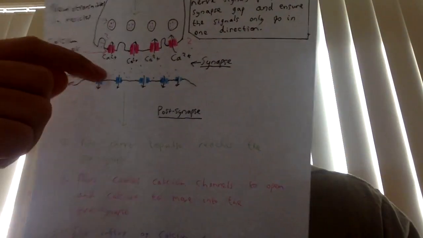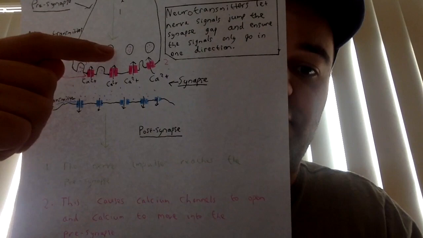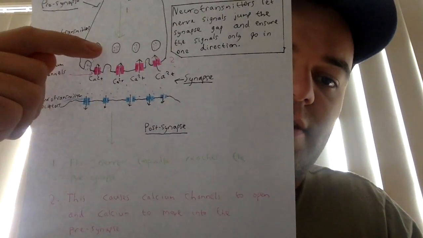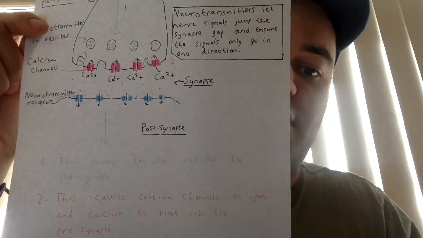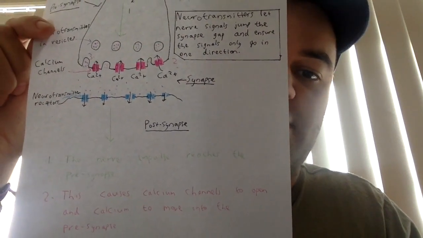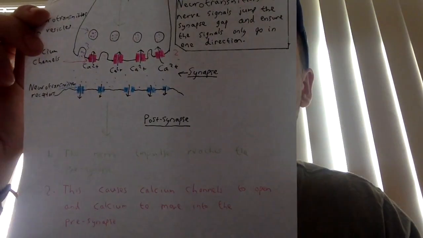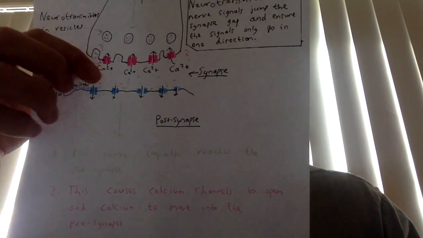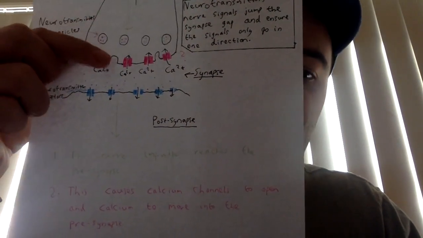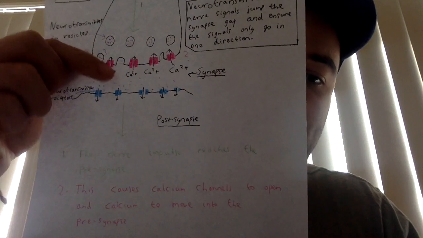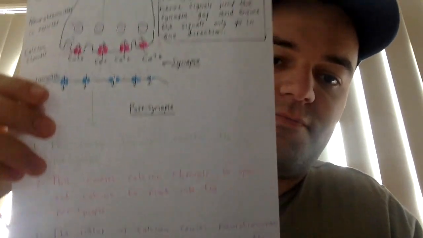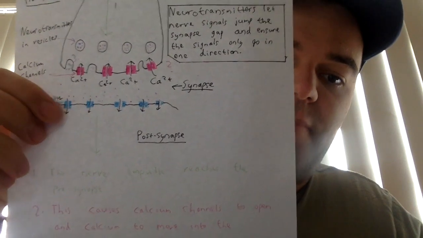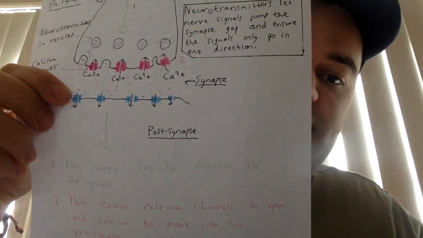That causes calcium to move into the presynapse, and all in this presynapse, we've got these little vesicles full of neurotransmitters. There are lots of different types of neurotransmitters used in the body, but calcium activates them. The neurotransmitters are released into the synapse, and what they do is they bind with these receptors on the other side.